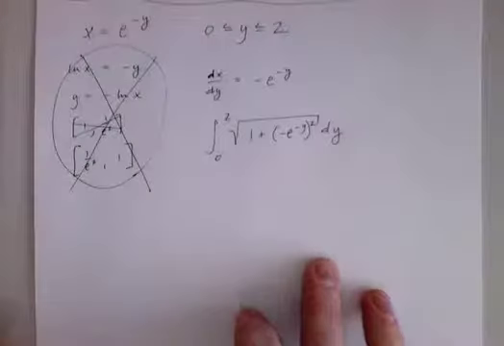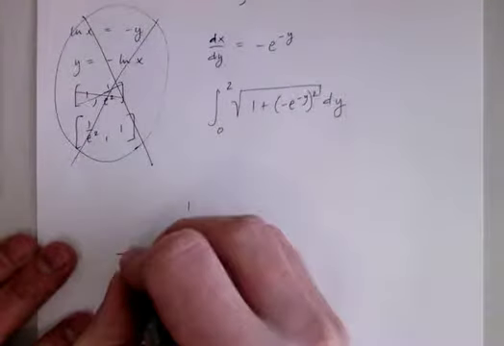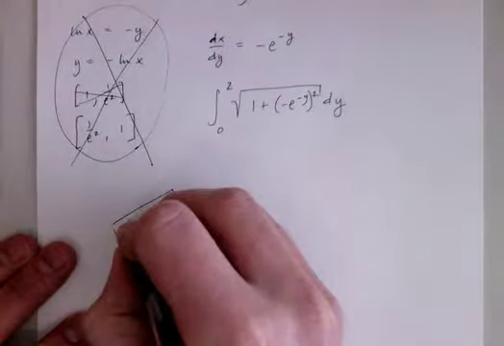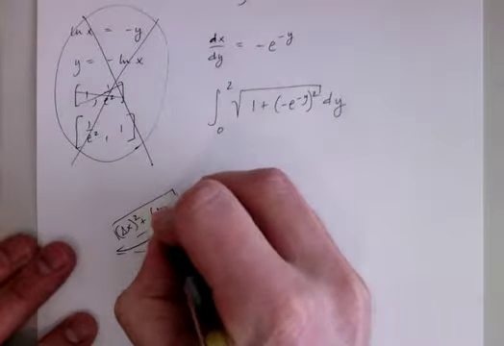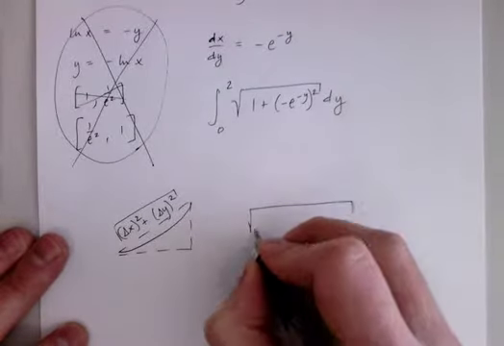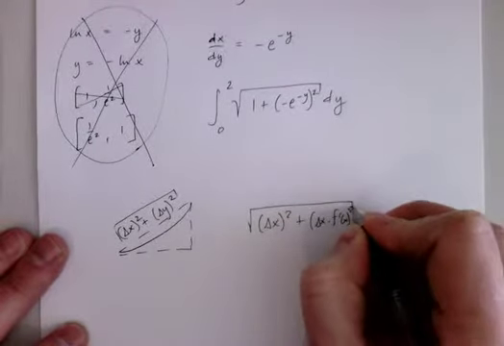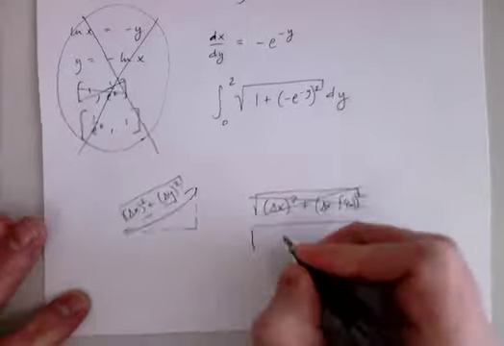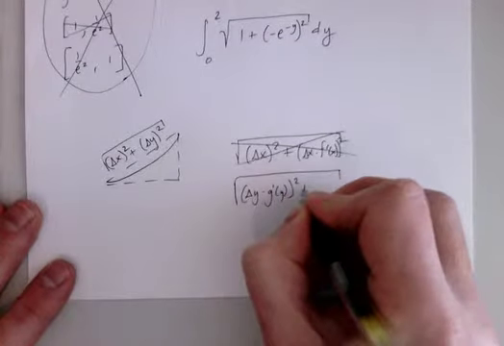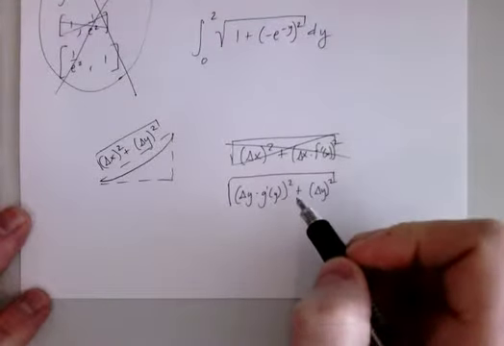Because all you're really doing is, instead of approximating the curve and transforming your delta x squared plus delta y squared into delta x squared plus delta x times f prime of x squared, you're transforming that into delta y times g prime of y squared plus delta y squared. And you're doing the same thing, you're just doing it with respect to y.